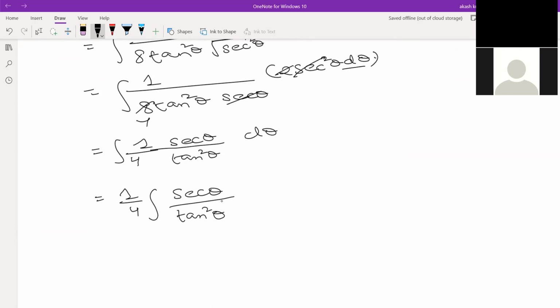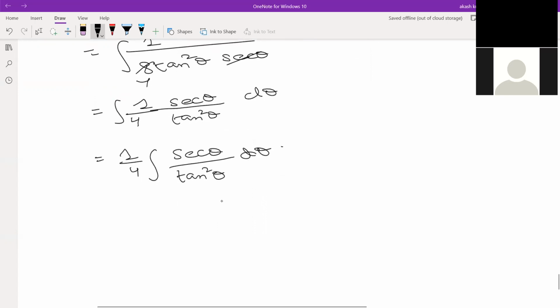This d theta is here. Can I apply u substitution here? If I take u equals sec theta, then my derivative of sec theta is sec theta tan theta.